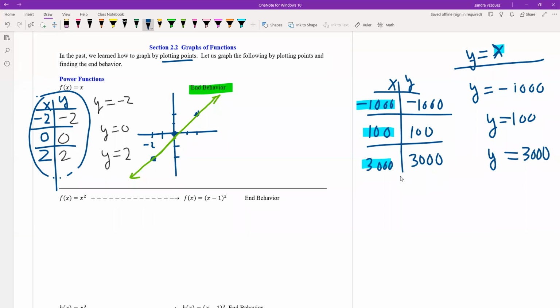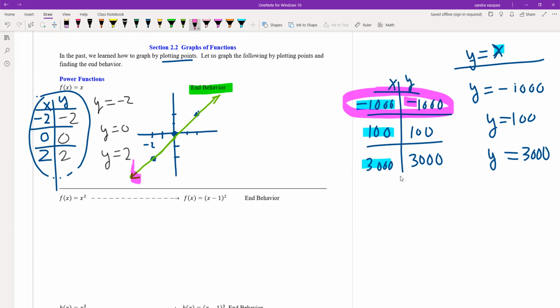So what I want is to know what happens as I pick very large positive values and then very large negative values. If I pick a very large negative value, I can see that the y value is going to go in the negative direction. So it's going to go this way.